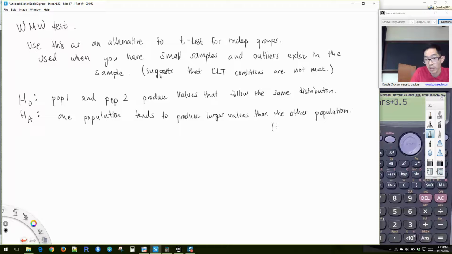Okay, this would be the non-directional. If you want to make it directional, just name this and say population 1 tends to produce larger values than population 2, or population 2 produces larger values than population 1.